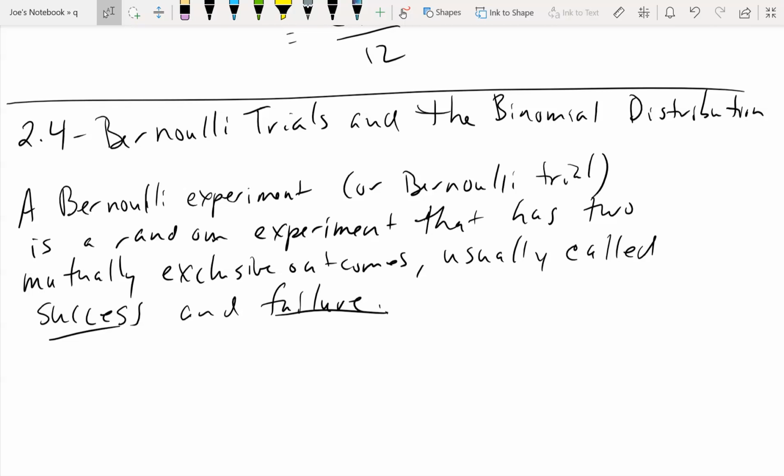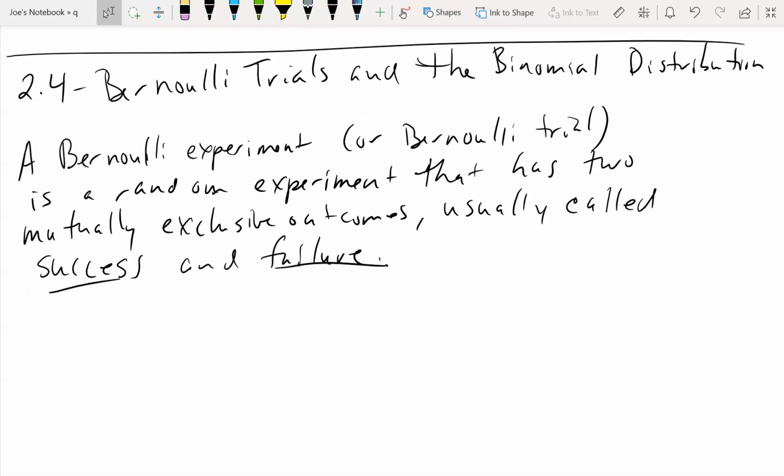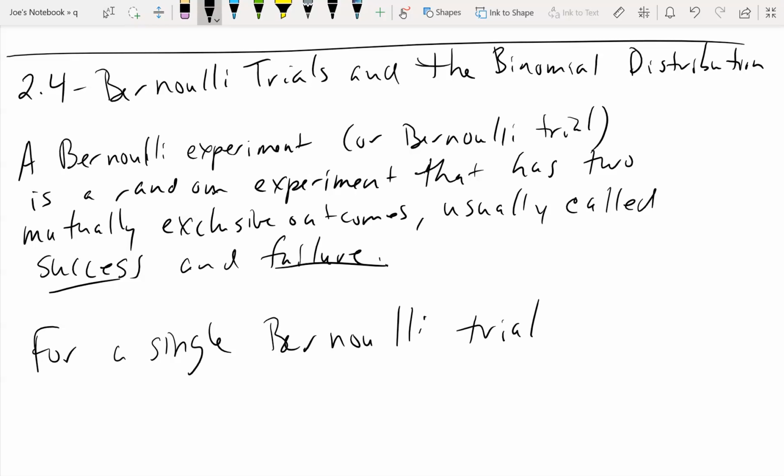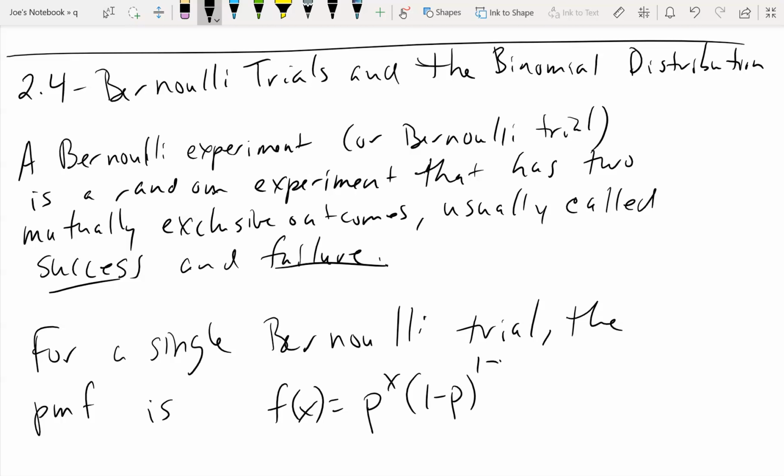But for a single Bernoulli trial, the PMF is f of x equals p to the x times 1 minus p to the 1 minus x, where x is 0 and 1.